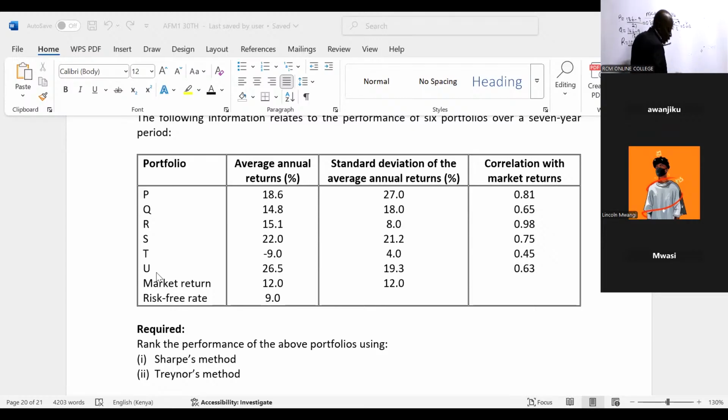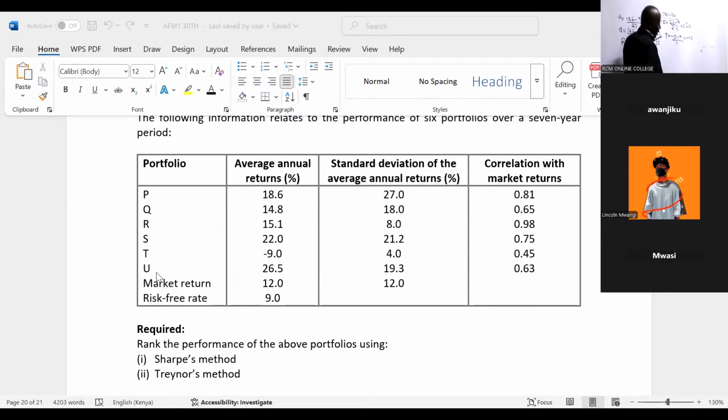After S, we go straight away to T. So T, I will take the average return of T, which is negative 9, minus 9, all over the standard deviation of T, which is 4. Which ended up giving you negative 4.5.